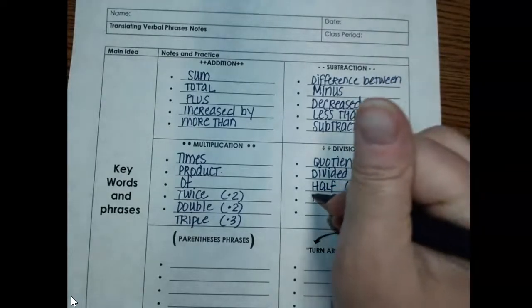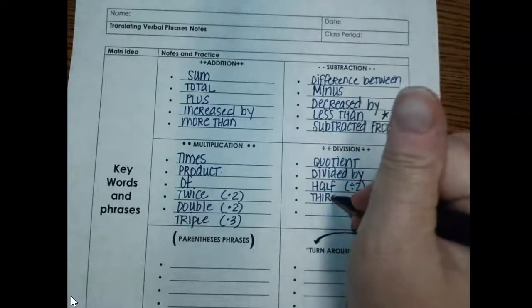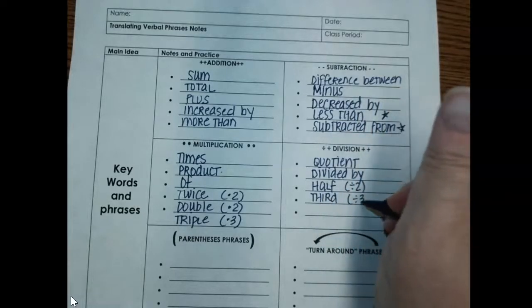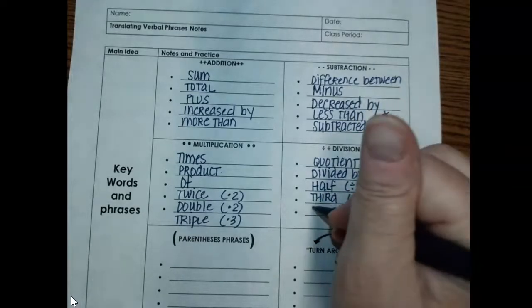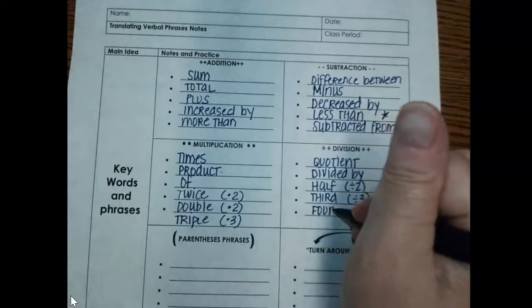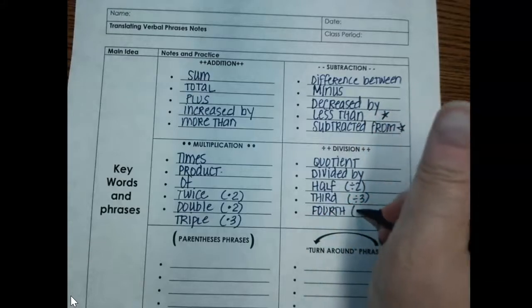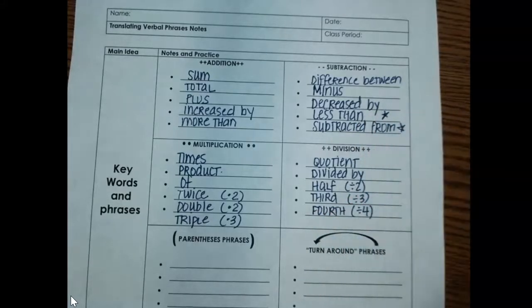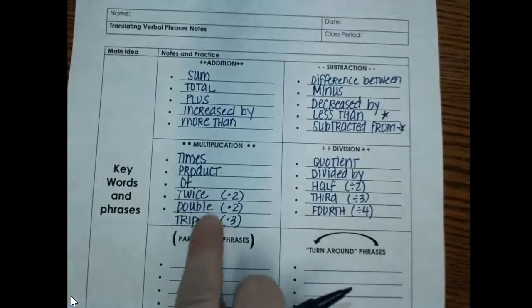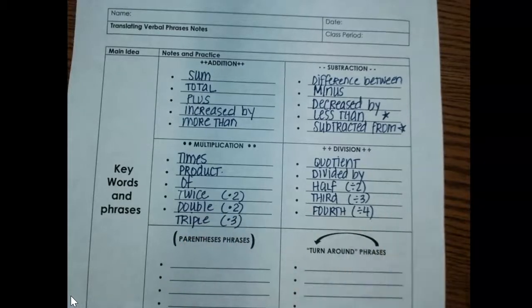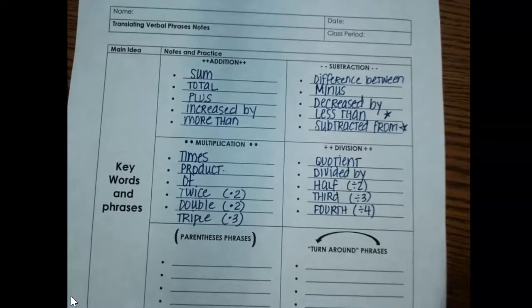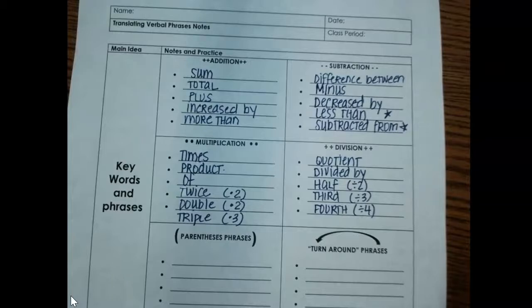They might say a third of something, that would indicate divided by 3, or a fourth of something, which would be divided by 4. So kind of like these over here, it's indicating an operation by a specific number, but they come up frequently enough that I wanted you to know them.